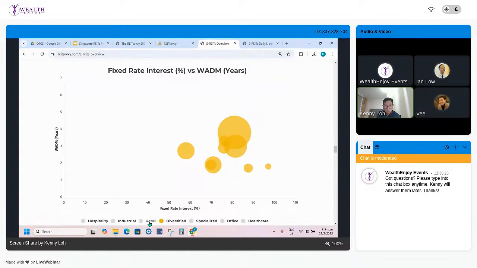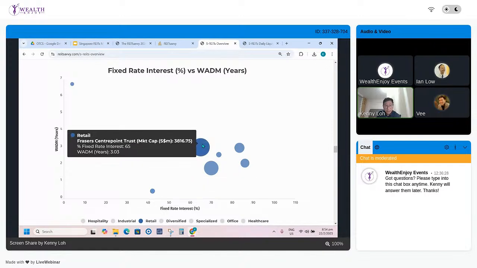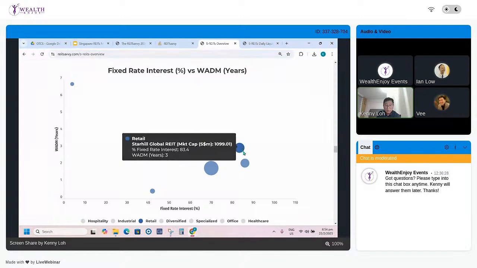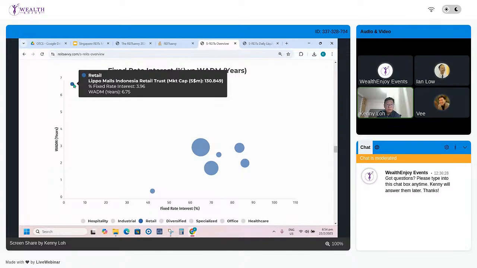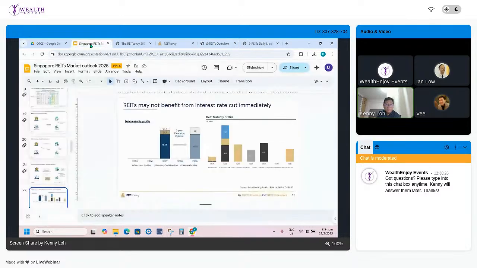If you want to compare the retail sector, you can go through the filter for the retail sector, and all these are the retail REITs in Singapore listed on the Singapore Exchange: BHG Retail REIT, Frasers Centrepoint Trust, Paragon REIT, United Hampshire, Starhill Global REIT, and Cromwell REIT, plus Lippo Malls Indonesia Retail Trust. All right, so you can use this filter to do your own analysis.